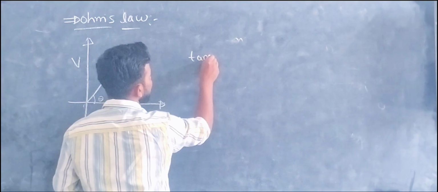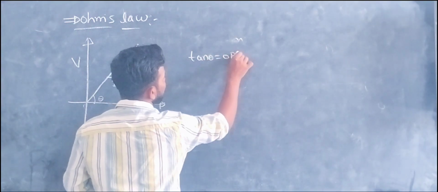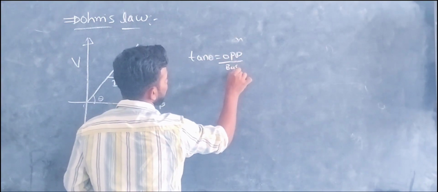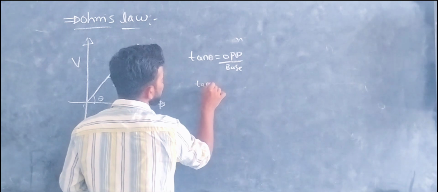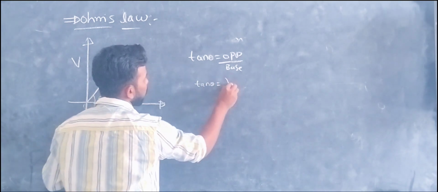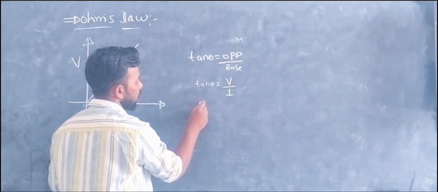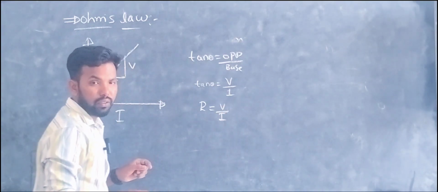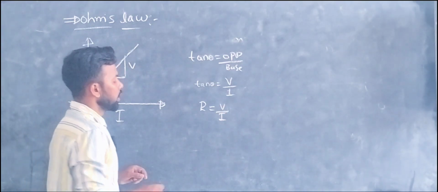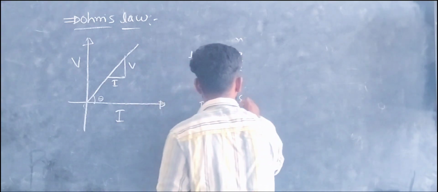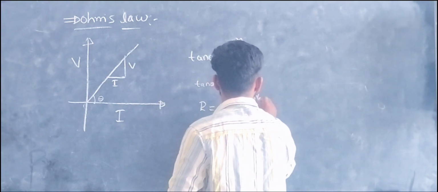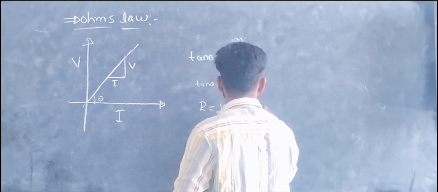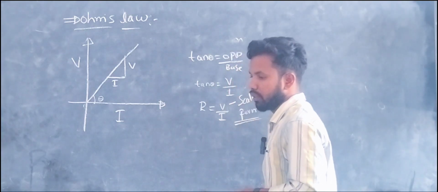Tan theta is opposite by adjacent, here V by I. So slope is R. R is equal to V by I. This is in scalar form.